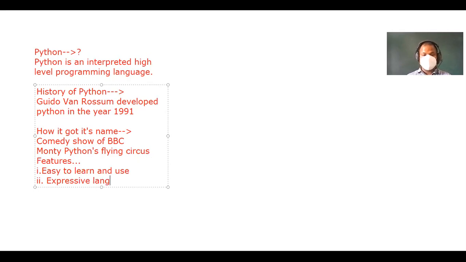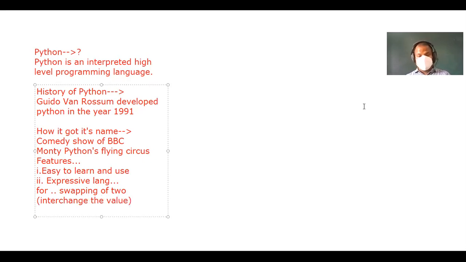Expressive language means you can write the code in a minimum number of lines. For example, if you want to create a program for swapping two numbers, swapping means interchanging the values of two numbers. In Python, how can you do it? Very simple.